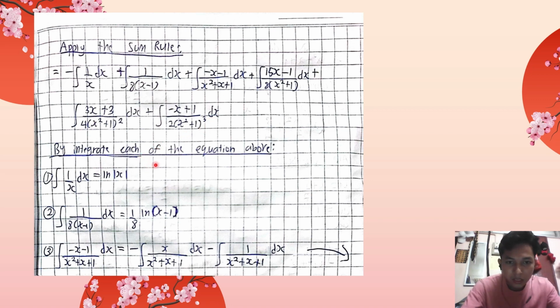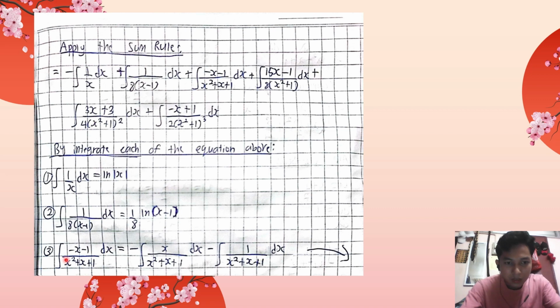By taking each of the equations above, we can get the integral of 1 over x dx equal to ln x. This is from the formula. And second, from the integral of 1 over 8x minus 1 dx, we take the 1 over 8 out, and then we get ln of x minus 1.